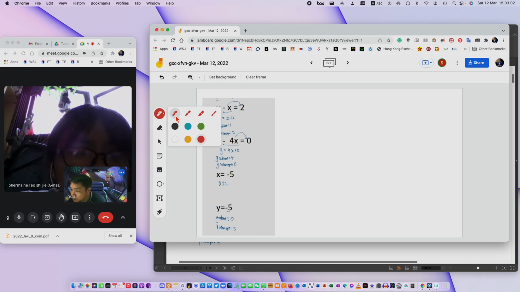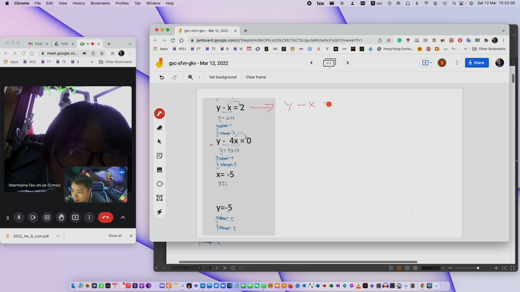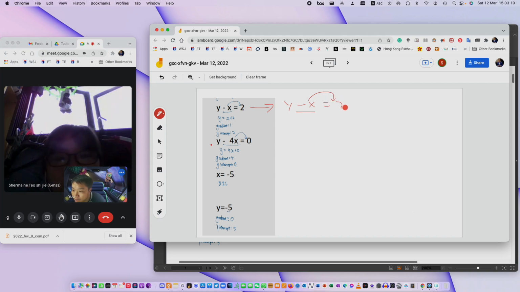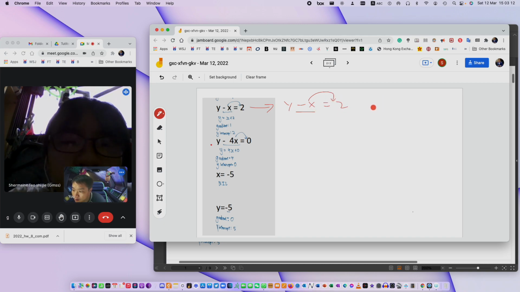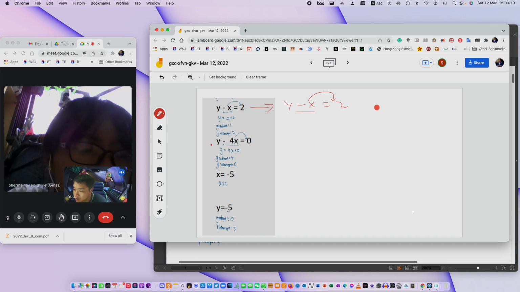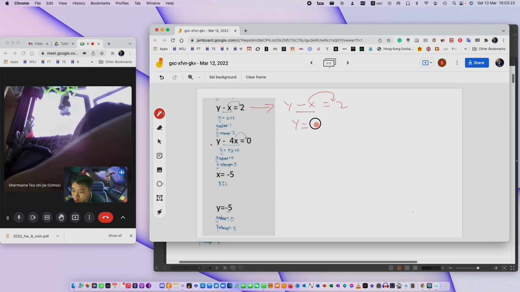So basically you have y minus x is equal to 2. You underline this and move it in front of the 2, not behind, because the x comes first. So you move it over, it becomes plus x and then plus 2.